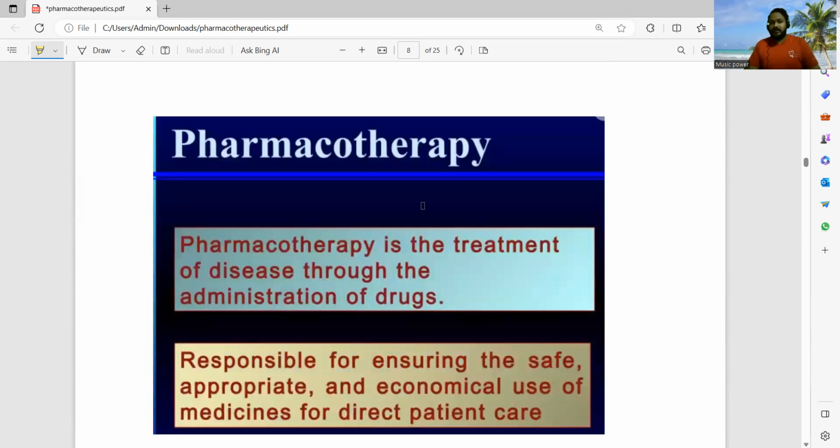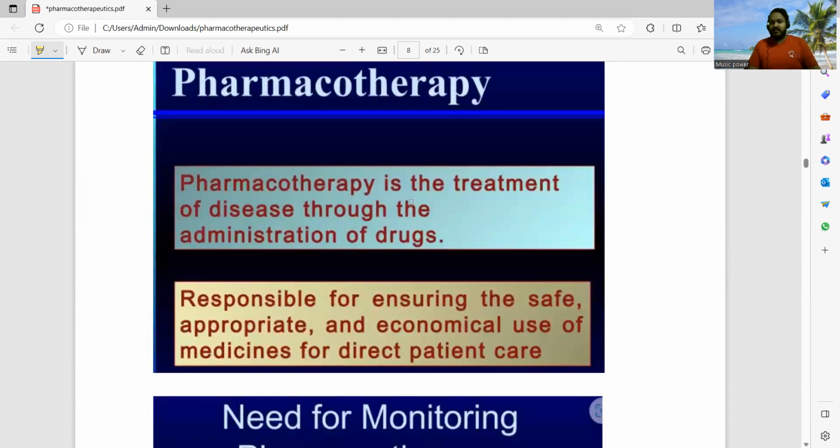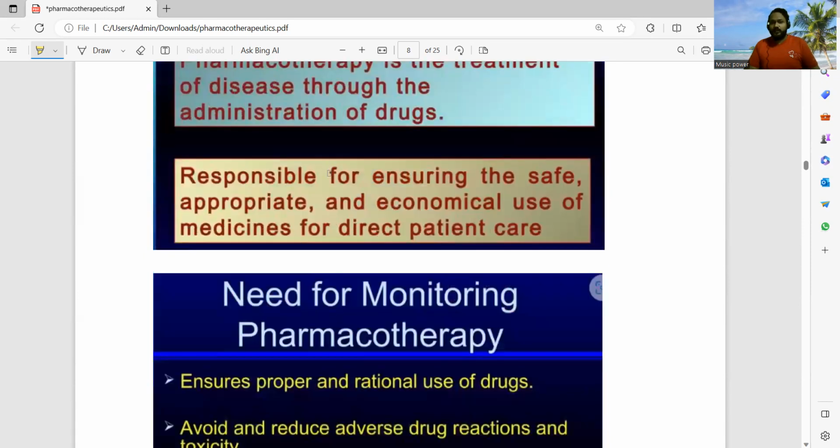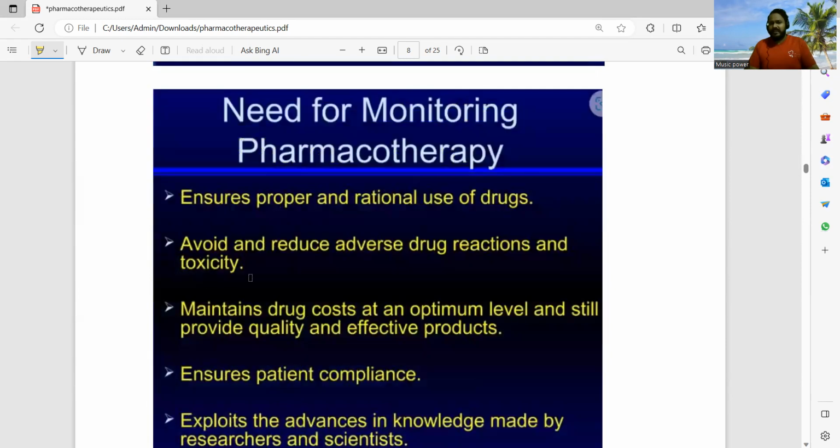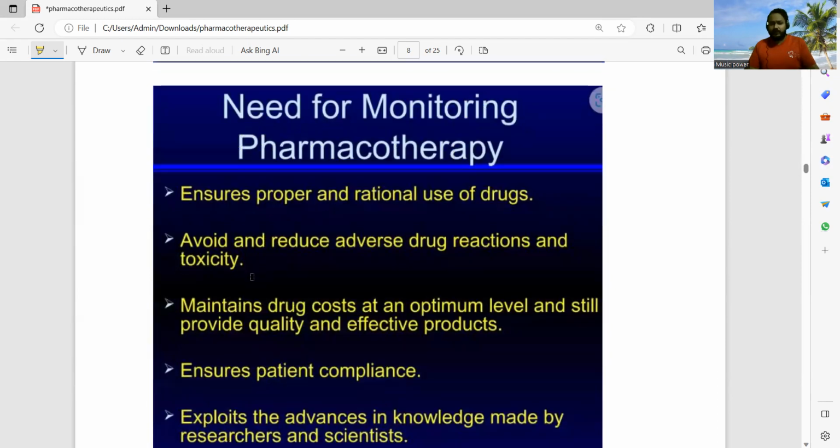Now, if I summarize the definition of pharmacotherapy in short: pharmacotherapy is the treatment of disease through the administration of drugs, with responsibility for ensuring the safe, appropriate, and economical use of medicine for direct patient care. Now, what is the need for monitoring pharmacotherapy?